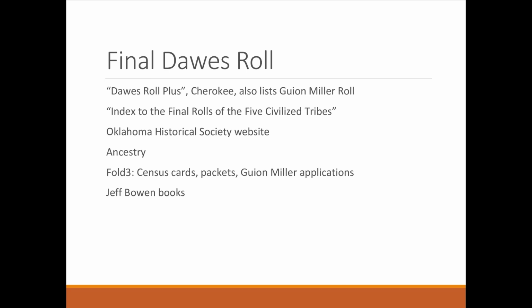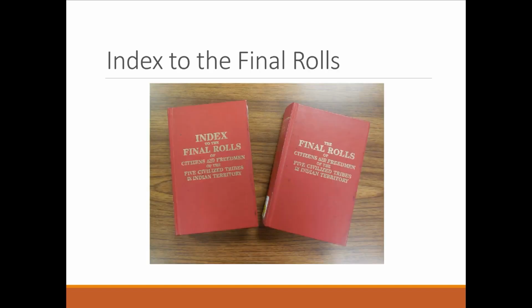And you can get actual images of the census card in the packets. Fold 3 specializes in original documents. And then there's a new set of books called the Jeff Bowen books. So let me show you some of these.